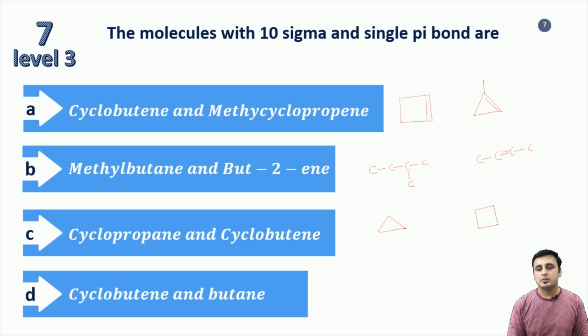Cyclobutane is a simple structure with 4 corners. Cyclobutene is a similar structure to option number 1. Butane is a simple structure with 4 carbons in a straight chain. In all these structures we have to complete the tetravalency of carbon and count the sigma and pi bonds. Let us find out first in structure number 1.